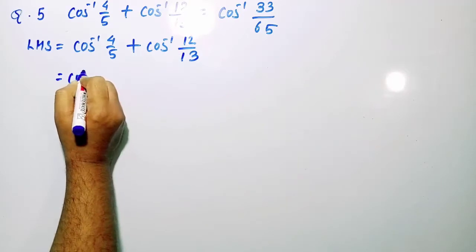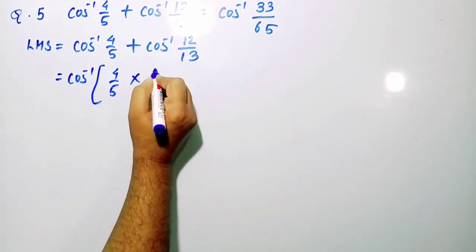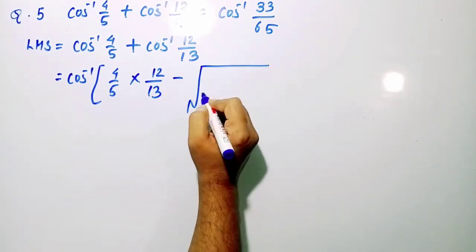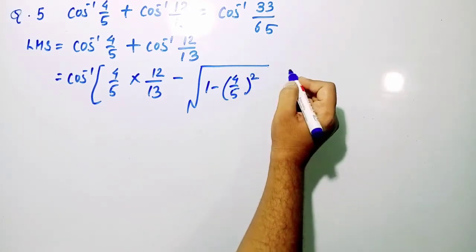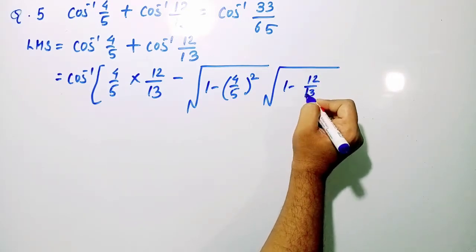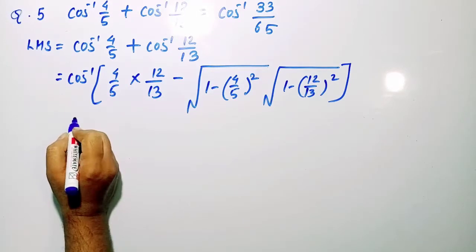Applying the formula of cos inverse x plus cos inverse y, here we are getting cos inverse 4 by 5 into 12 by 13 minus square root of 1 minus 4 by 5 whole square into square root of 1 minus 12 by 13 whole square.